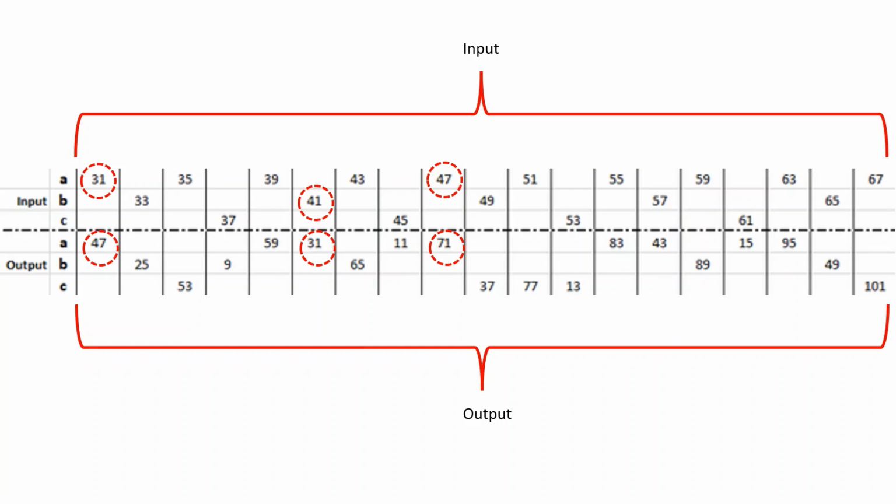Calling this the 41 sequence ignores the obvious fact that it's also the 47 sequence, the 31 sequence, and the 71 sequence, and any other number on that sequence, ultimately ending in 5 and 1.